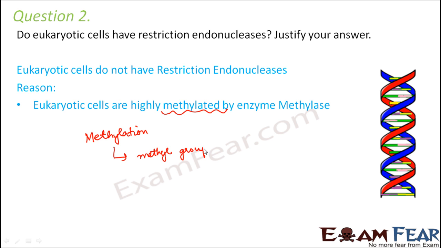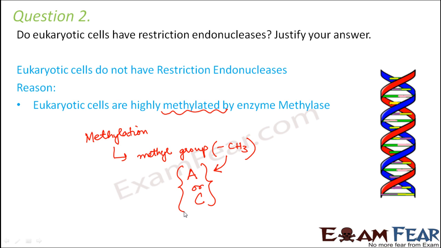So methylation is nothing but adding a methyl group. The methyl group would be the CH3 group. So when a CH3 group is added to the cytosine or adenine DNA nucleotides, that is called methylation. This methyl group will be added either to the adenine base or to the cytosine base. Then we say that the DNA is methylated.